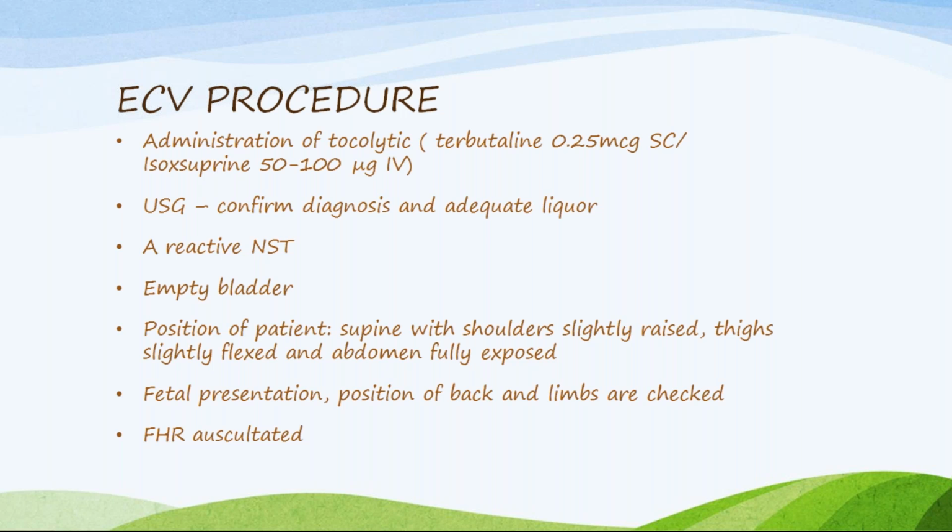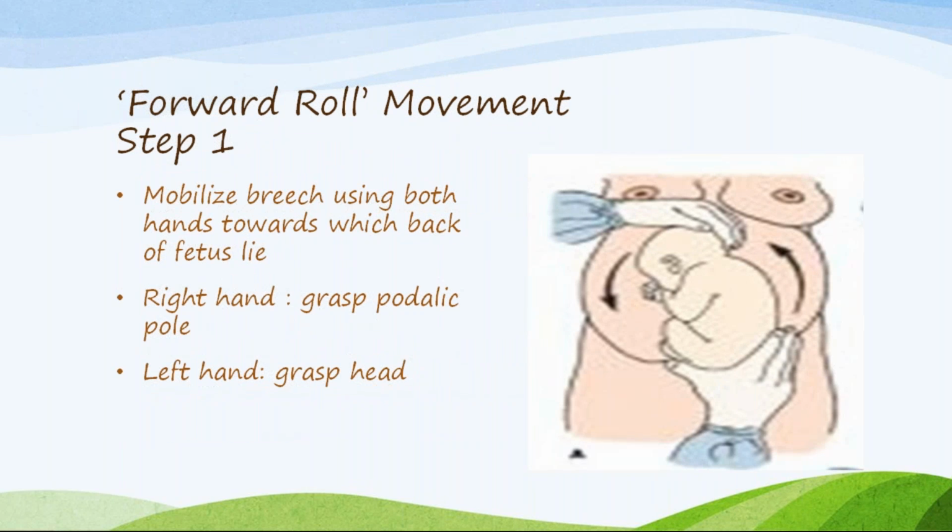Gradually, the head is moved towards the opposite direction and the breech is moved away from the pelvis, like a forward roll. When there is relaxation, if the uterus is contracted, you should not do this.